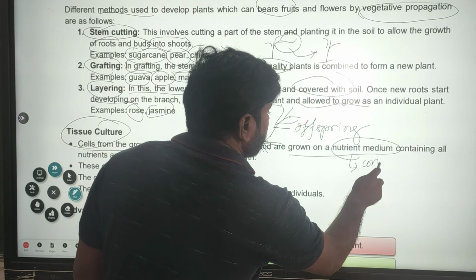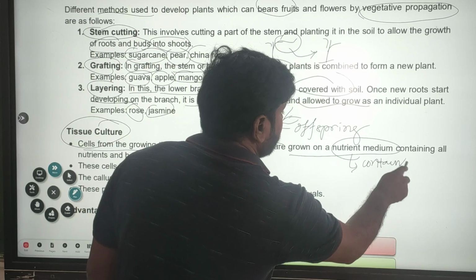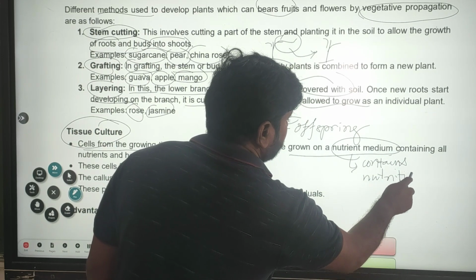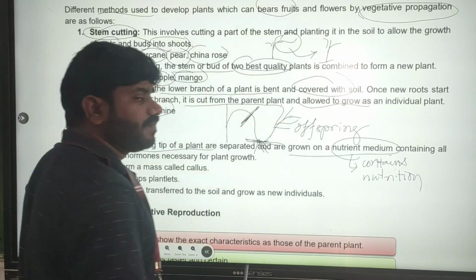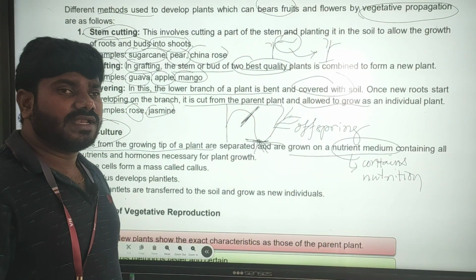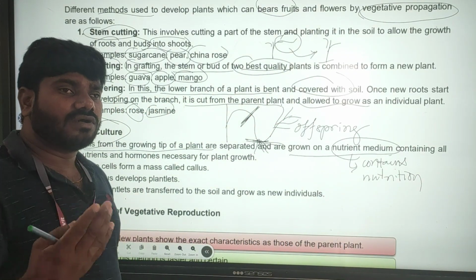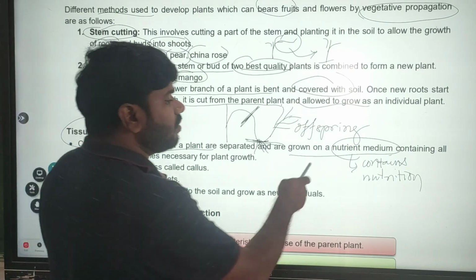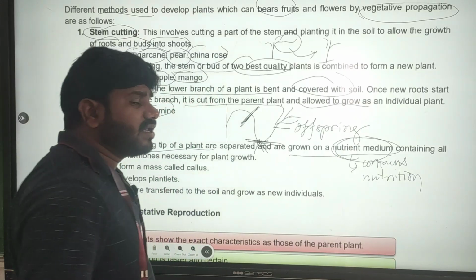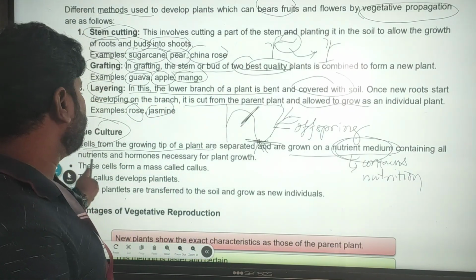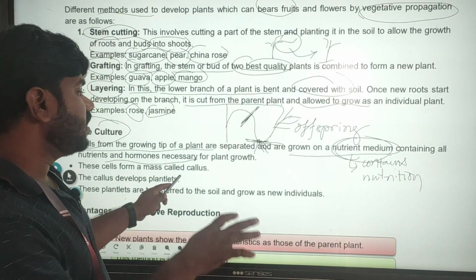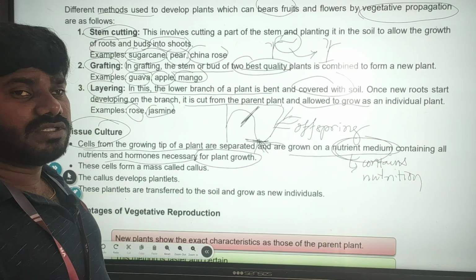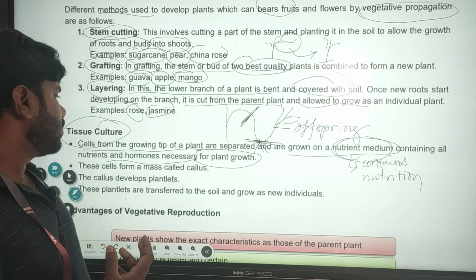It contains nutrients, like glucose, light, and different nutrients that are present. That is called nutrient medium. That nutrient medium contains all nutrients, and hormones are also present in it for the necessary plant growth. Okay, so this is called tissue culture.